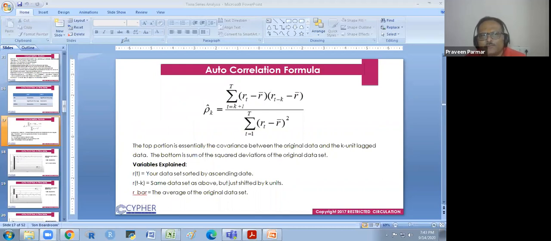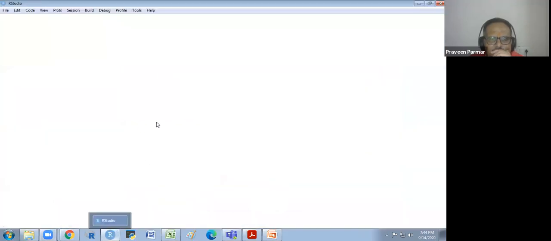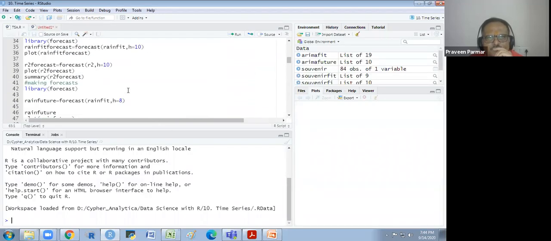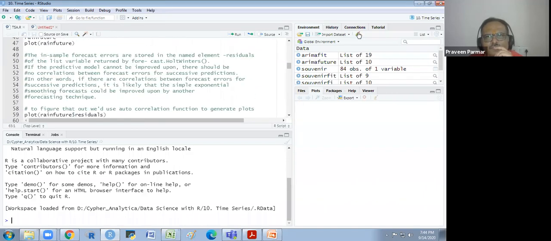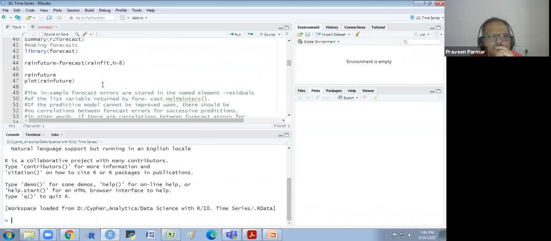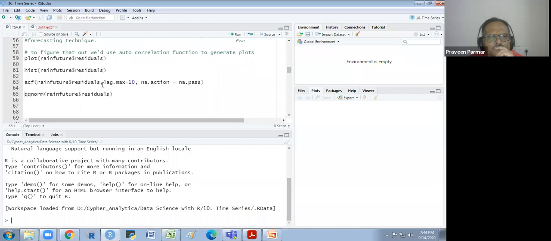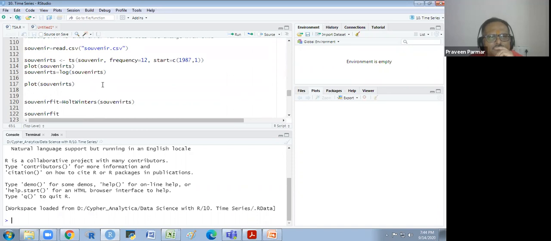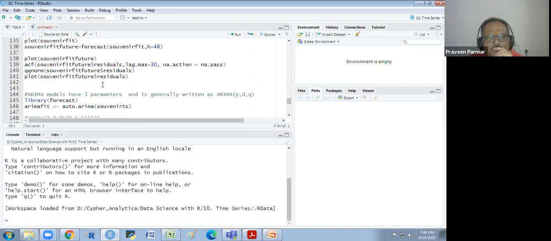Now we do some practical with R. Now we see the ARIMA model, auto regression integrated moving average.